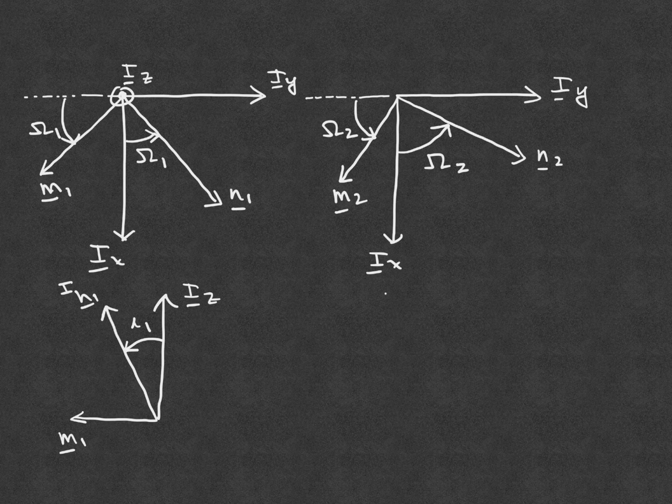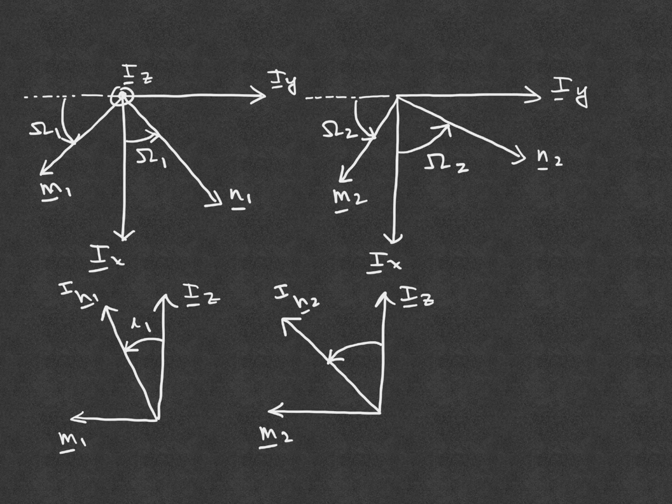Similarly, if I look at the second orbit, the direction iz is again still up, the second angular momentum is h2, and then the second direction, which is horizontal, is m2, and the angle between IZ and h2 is I2.